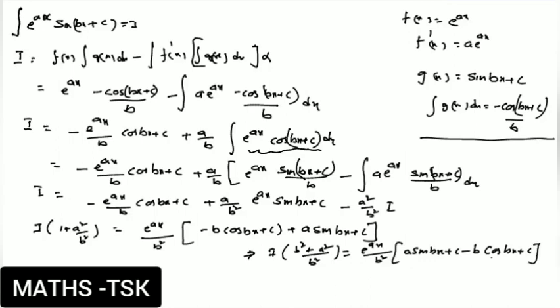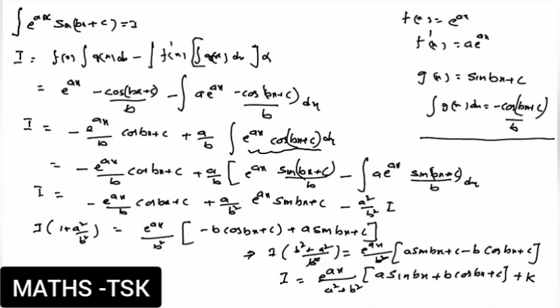So I can end the problem like this. I is nothing but e power ax by a square plus b square, and then into a sin bx plus c minus b cos bx plus c, plus some integration constant. Right.